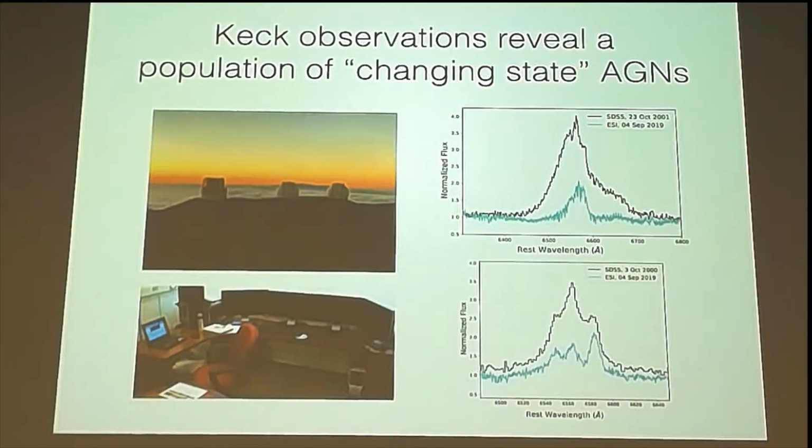We see that these galaxies undergo this change in variability where they go from being variable to not, and it turns out that these galaxies also undergo extreme changes in their broad emission lines, where they've significantly faded from 2000 to present day. The gray is earlier spectroscopy, and the blue is the newer spectroscopy. You can see very clearly that between these two observations, the broad lines have faded significantly.